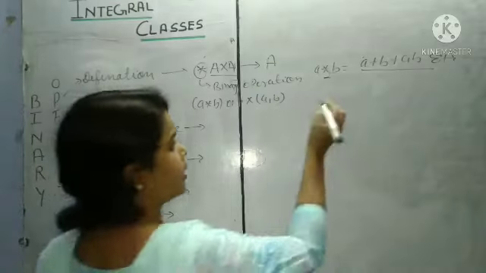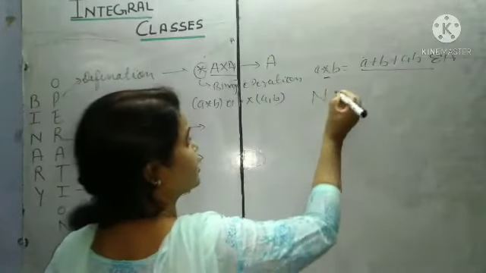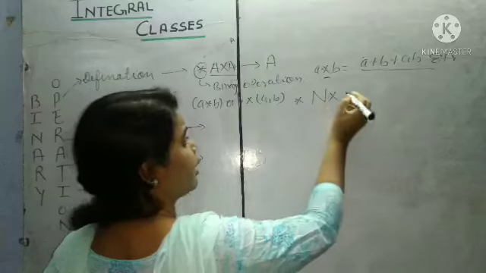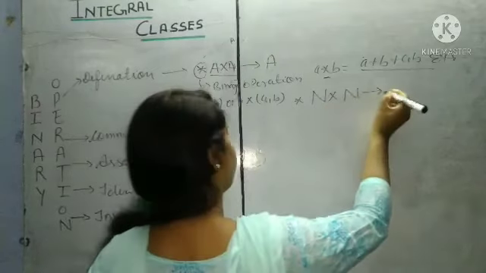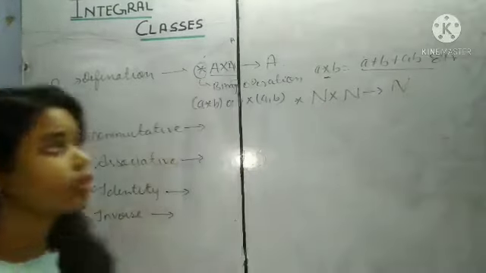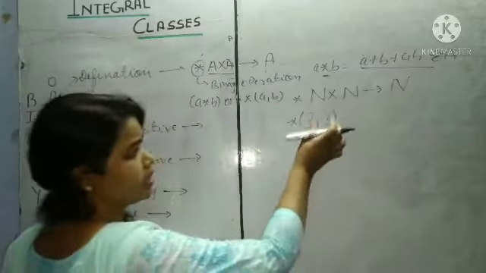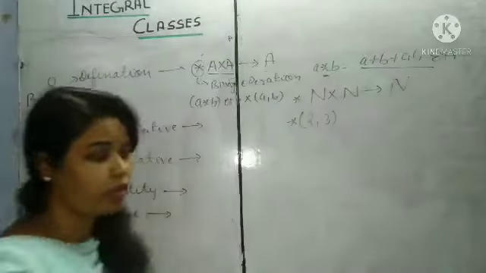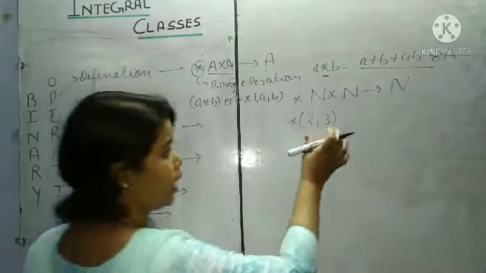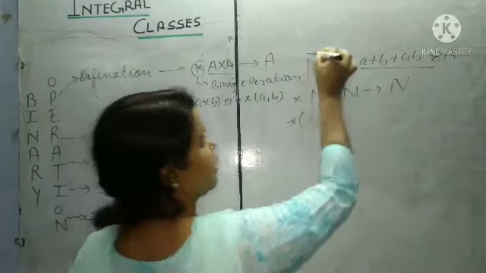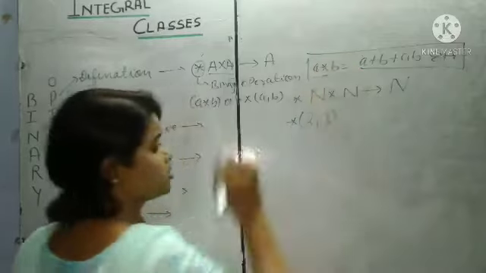For example, let the operation be star from N cross N to N, and the resultant is also N. Now I will take two elements from N cross N and apply this binary operation.